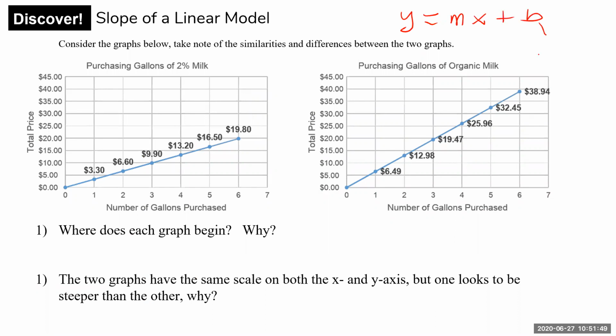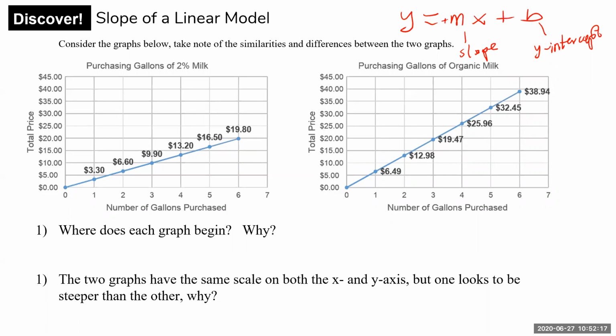This guy is what we call the y-intercept, and the y-intercept is where the trend line cuts the y-axis. And this guy is what we call the slope. If this number is positive, we say that there's an increasing trend. And if this number is negative, we say there's a decreasing trend.